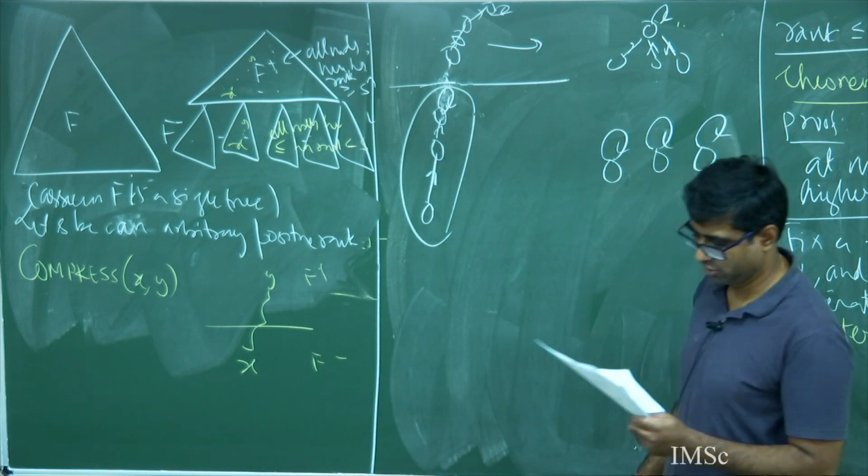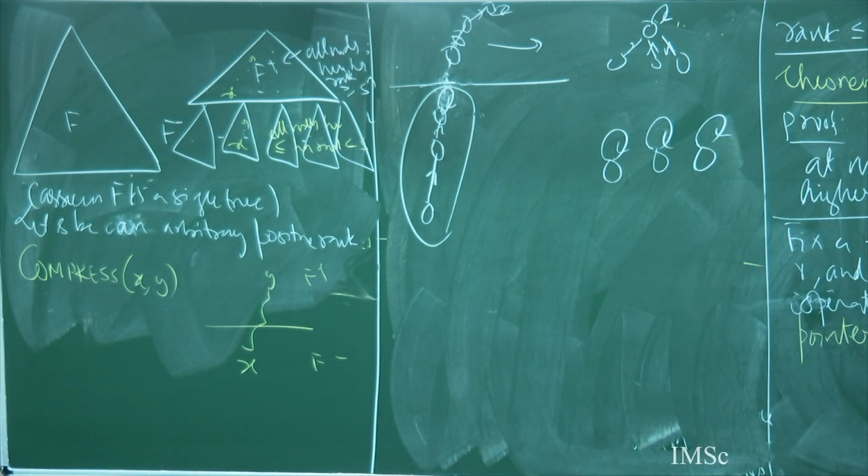This is what the shatter operation will do. Notice the number of pointer changes has not changed. So this is what I mean by that I can change a compress sequence into compress and shatter. Let's write a code for this, so that it is easier to analyze, and then we are done.